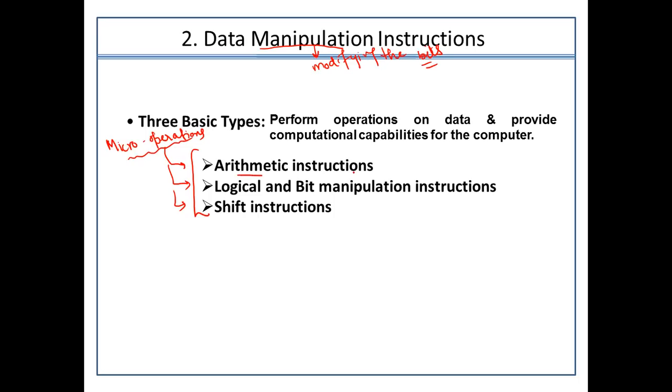Either arithmetic micro operations, where we perform add, increment, then subtraction, right? All these kinds of instructions. Similarly, logical and bit manipulation micro operations, like we know XOR is there, AND is there, OR is there, complement is there, and all the other kinds of bit manipulation instructions like selective set, selective clear.